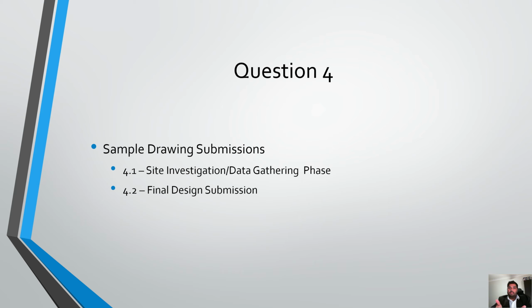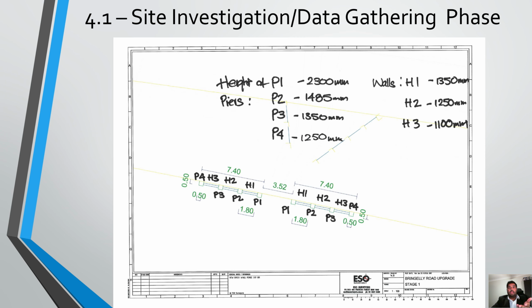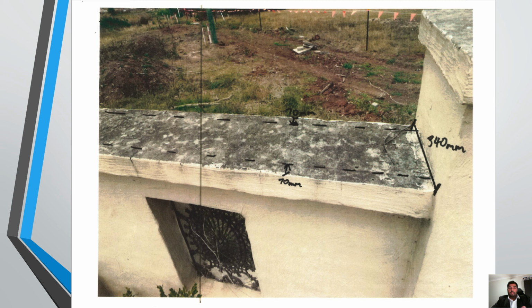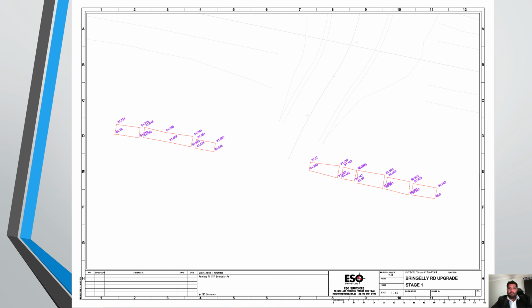Therefore, I don't have many drawings. But starting with the initial investigation phase, they found these drawings where they took all the dimensions on site, took images and dimensions again for the wall above ground, so that they know what they need to accommodate for the footing. Since the trench was done previously, they collaborated with a surveyor to get the trench dimensions for the design.